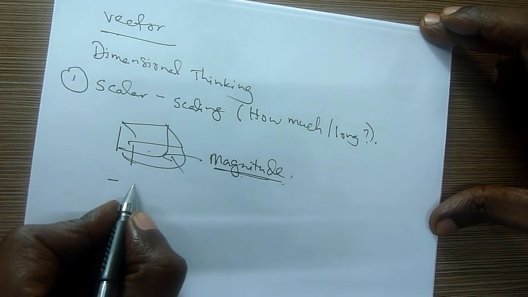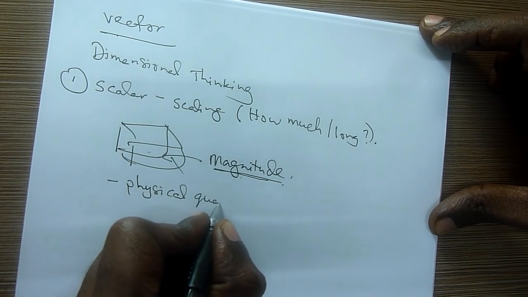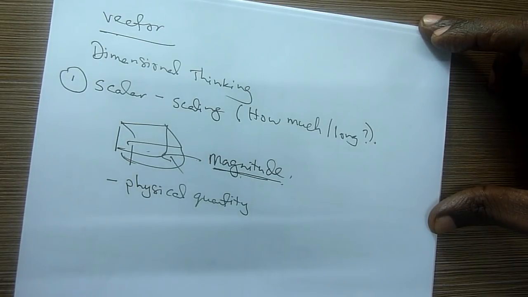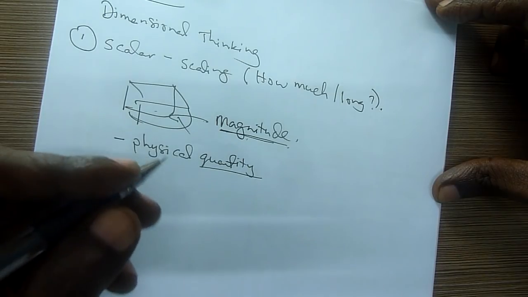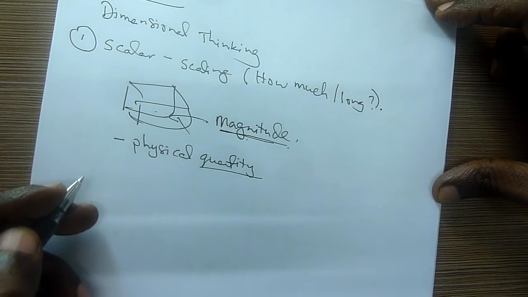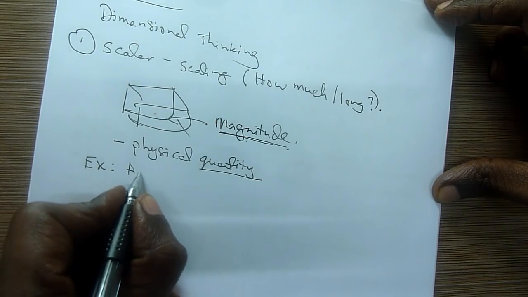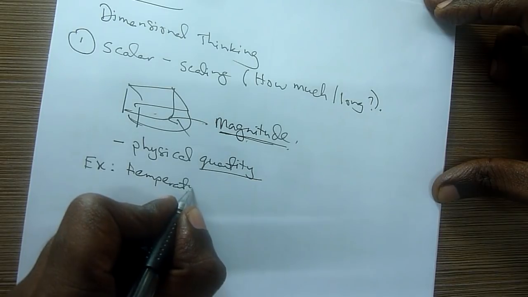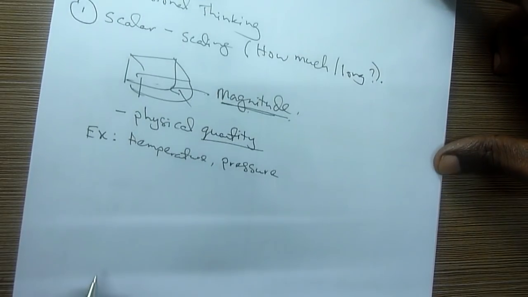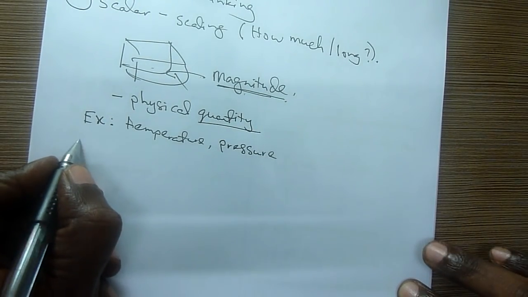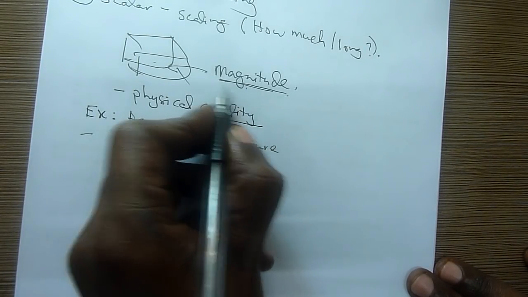In simple terms, I'm measuring the physical quantity of a particular object. This gives me the quantity, a physical explanation about this object. Good examples are temperature, pressure, weight, and so on. When we use a scalar, what are we measuring? As I said, we are measuring the magnitude.